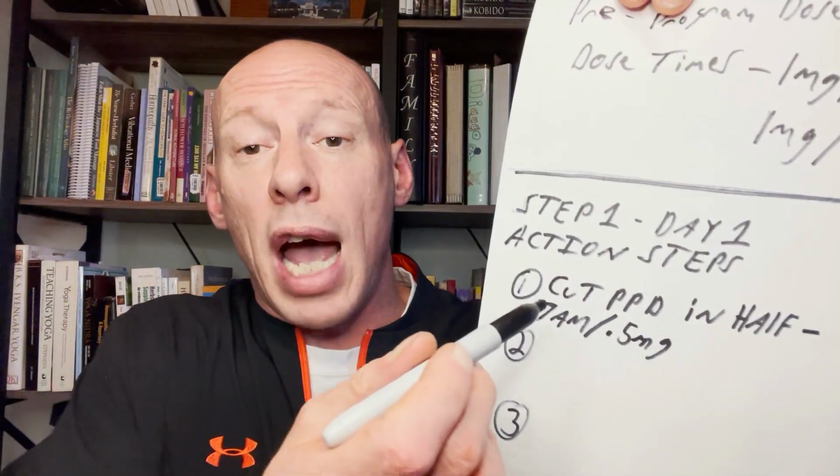Okay, so let's write those in. I'm going to write in 7 a.m., so it would be 0.5 milligrams. I'd be taking a quarter, not a half like I was taking. So 7 a.m., 0.5 milligrams. That's the way I've written it there.